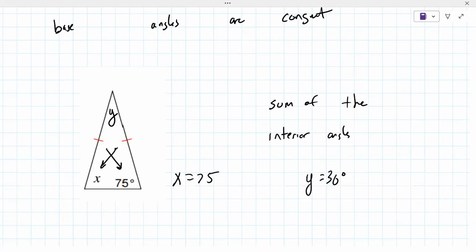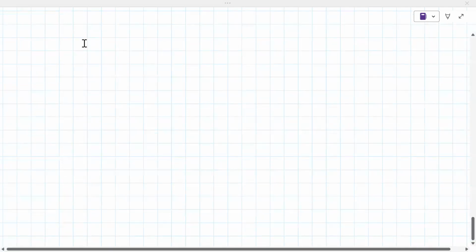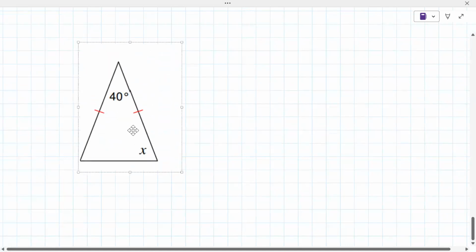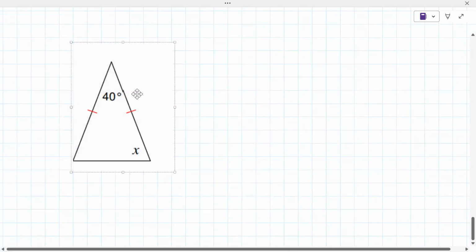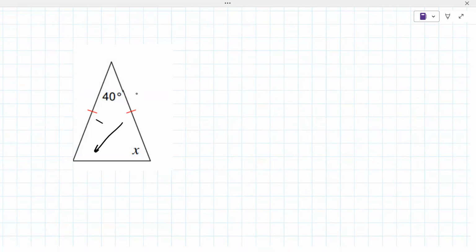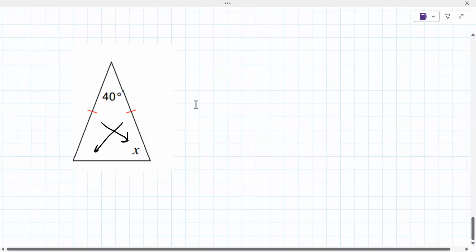Okay. Now, the other type of problem you will see is where they do not give you the base angle. They either call it x or they don't label it at all. But what is the missing angle?